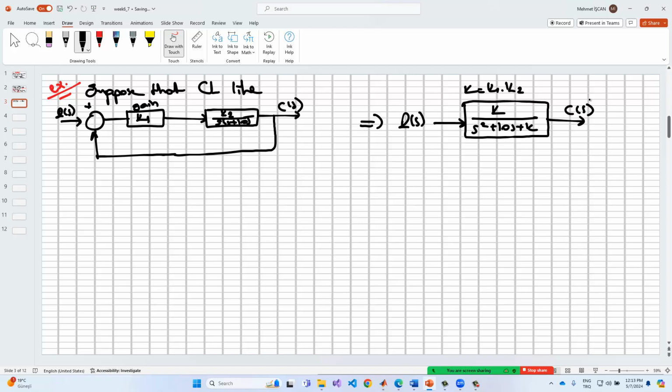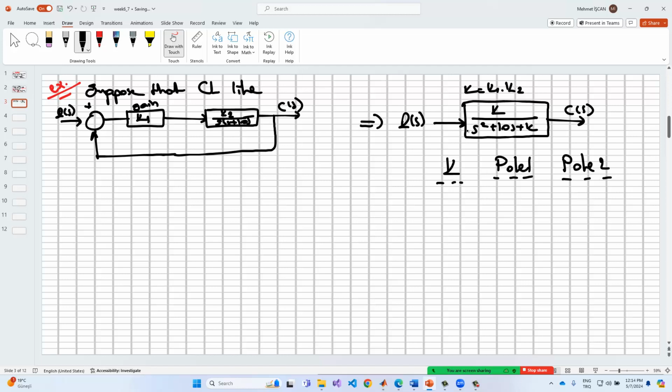Okay, in order to understand how we can change the poles of the system, we need to write these parameters K, pole 1 and pole 2, because if we have a second order system just like this one, we have two poles.